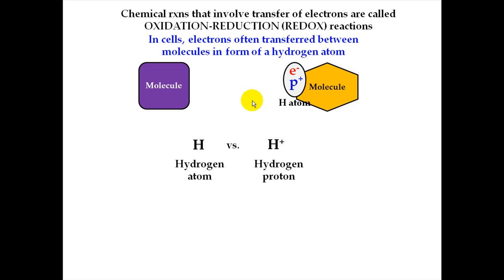One more thing we'll mention is that you can use the terms oxidation and reduction to describe molecules either giving up or accepting electrons. You can also use them to describe single atoms that are either giving up or accepting electrons. Here's what we mean by that.